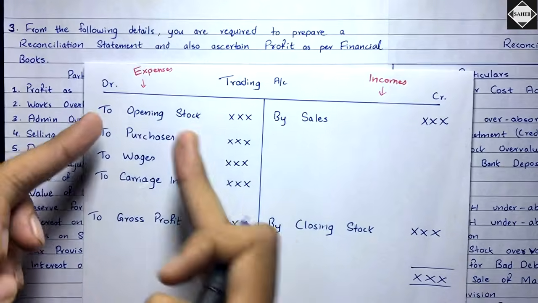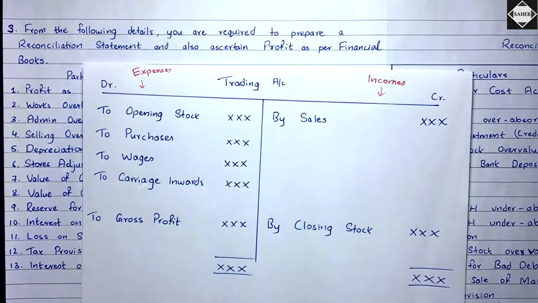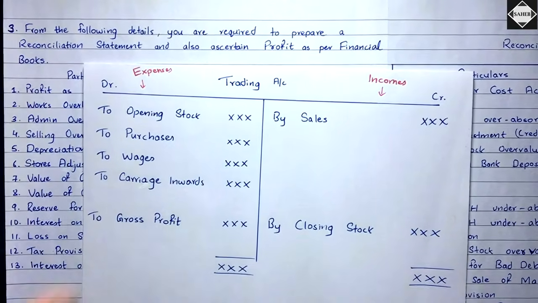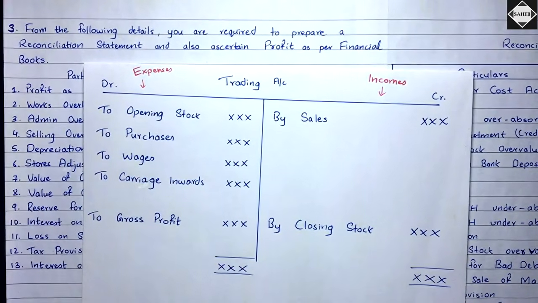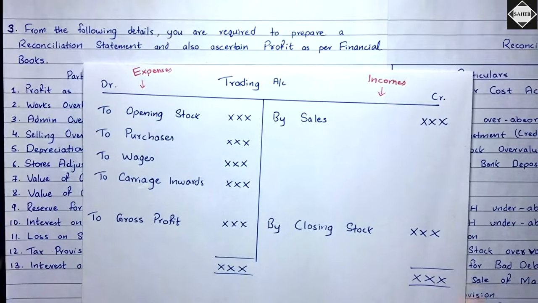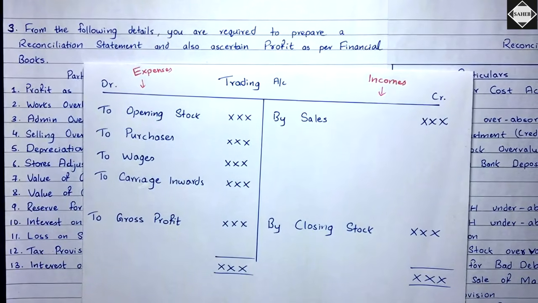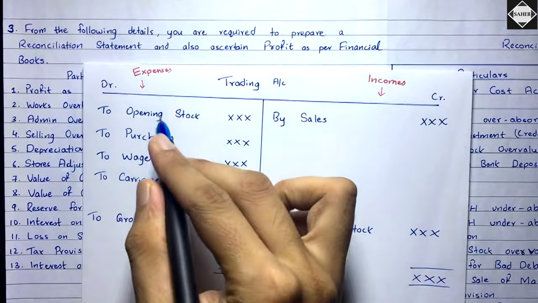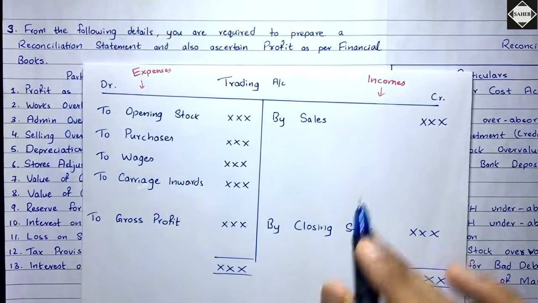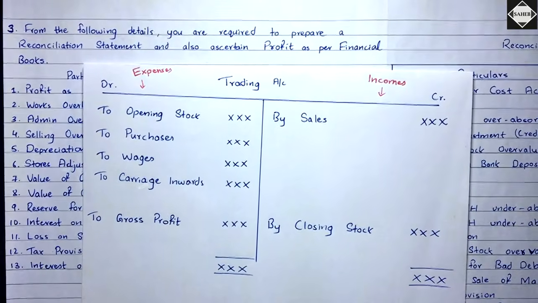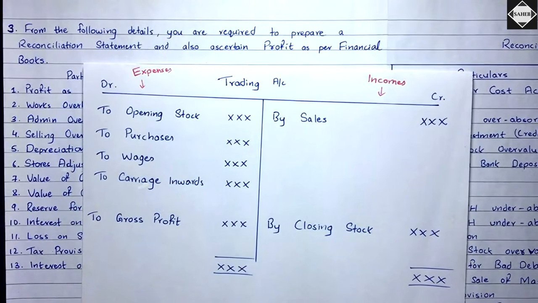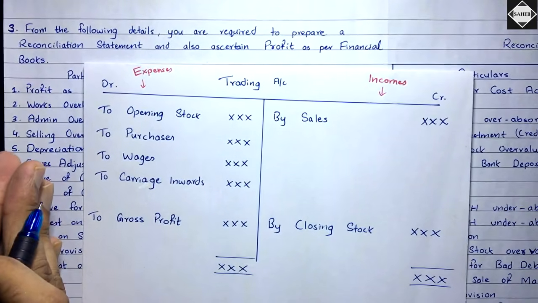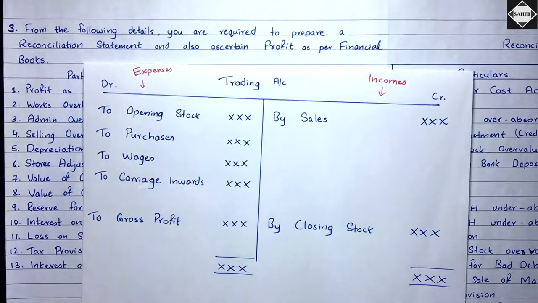But here, in reconciliation of cost and financial accounts, you have to think in your mind that opening stock is an expense and closing stock is an income. If you think like that just for calculation purposes, then it's very easy and logical to prepare the reconciliation statement. So keep that in mind.